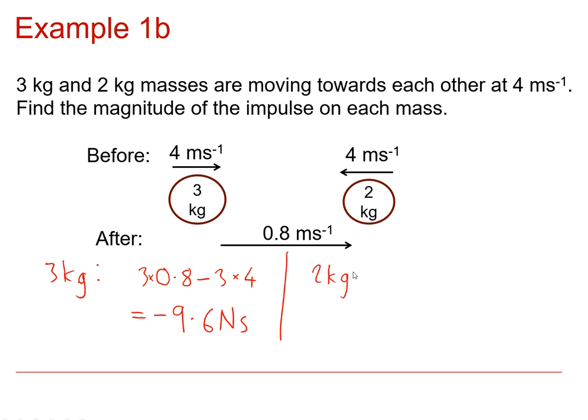Again, just being careful with our signs. So its final momentum is 2 times 0.8, because it's part of that coalesced body travelling at 0.8 meters per second. That must be its speed, and it's got a mass of 2. Then minus the initial momentum of this object. Now because that was moving to the left, its initial momentum was 2 times minus 4.